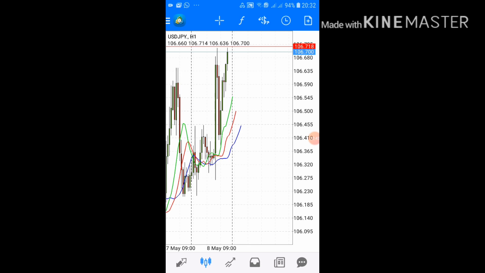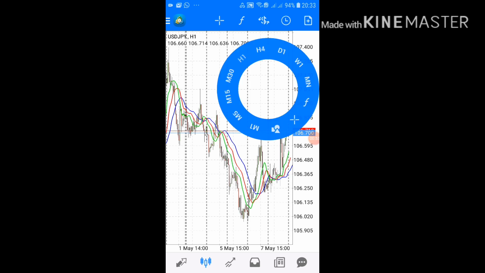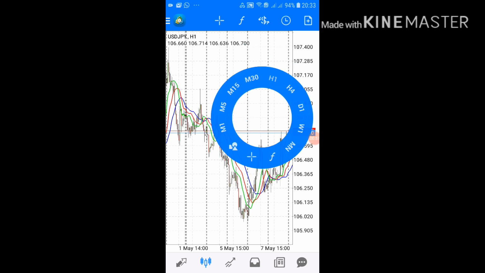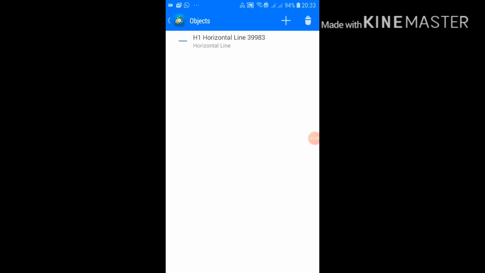So quickly, how do you add the trend line? Once you tap your screen, you're going to see all of this come out. So you tap and choose the shape, the various shapes. You see the triangle, the circle, and the box. You tap on it, and then you see this comes up.